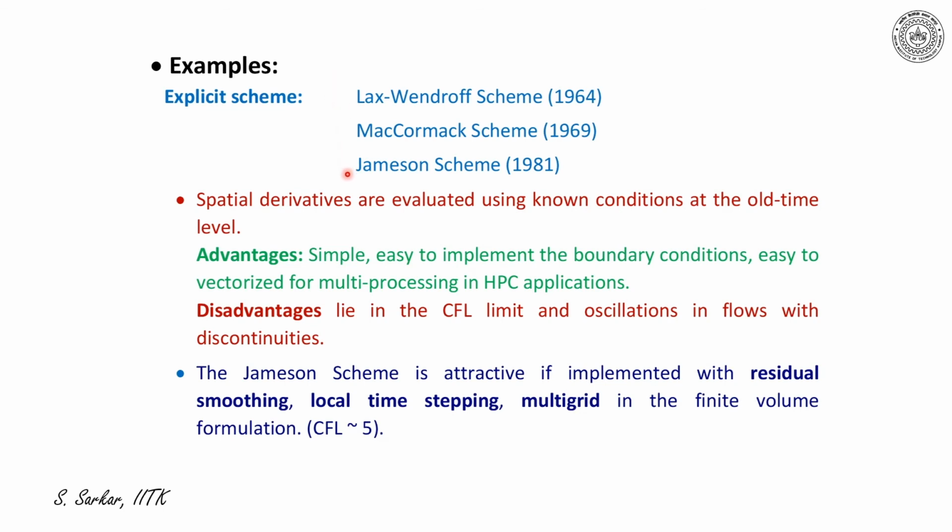All these schemes are very popular and they are being successfully used in turbomachinery applications. Here the spatial derivatives are evaluated using the known condition at the old time level.